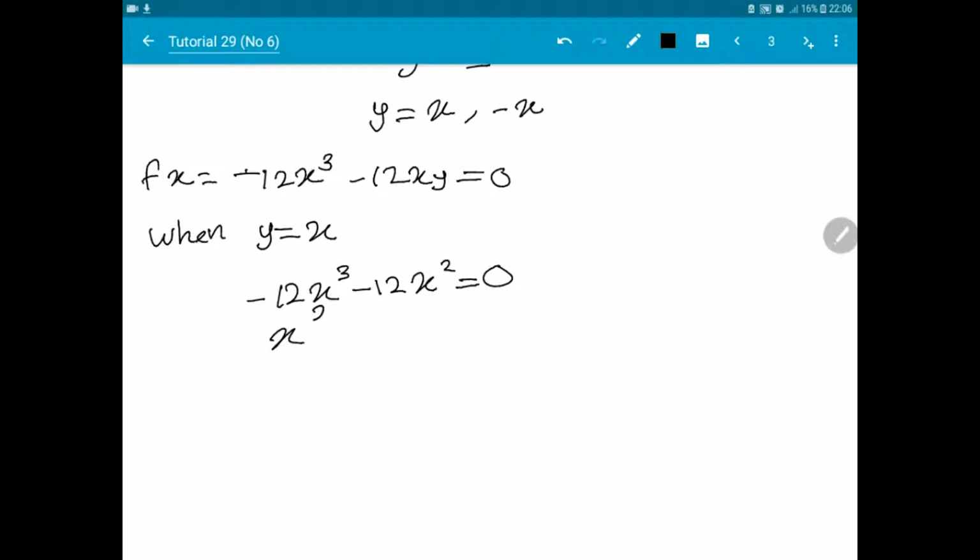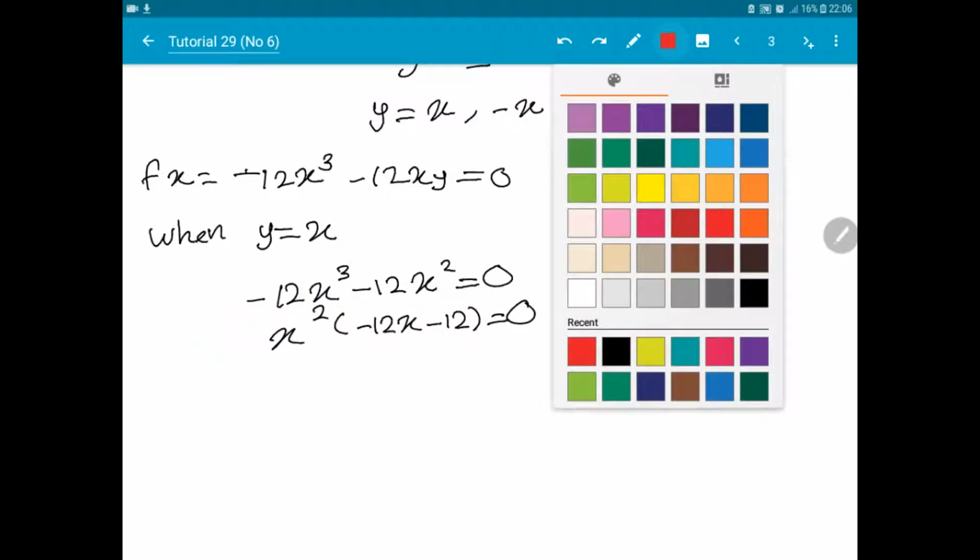We get this because we factorize the x squared out.